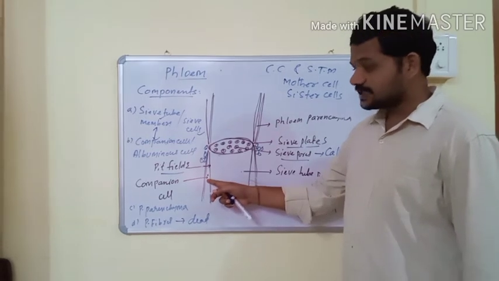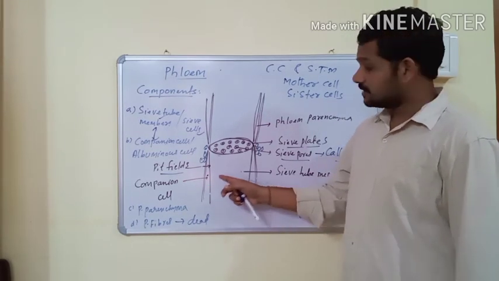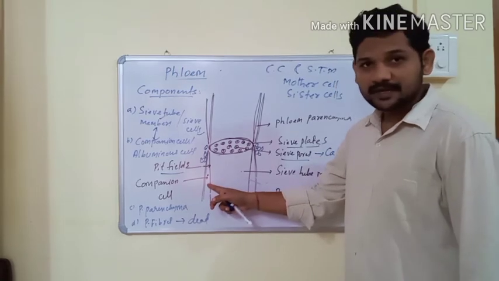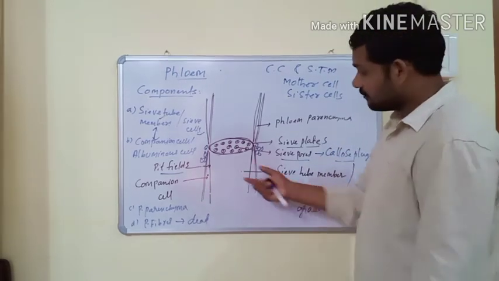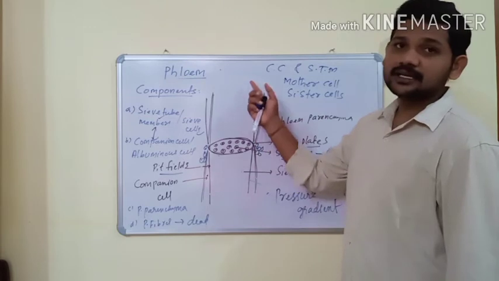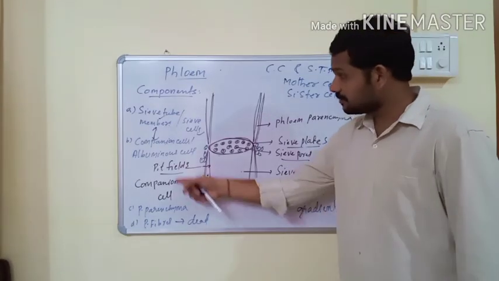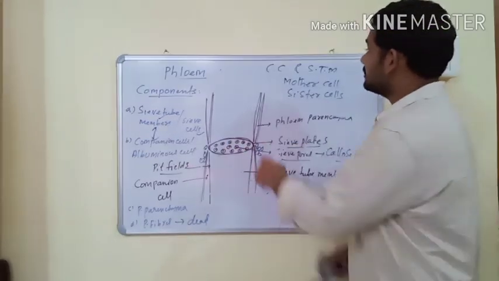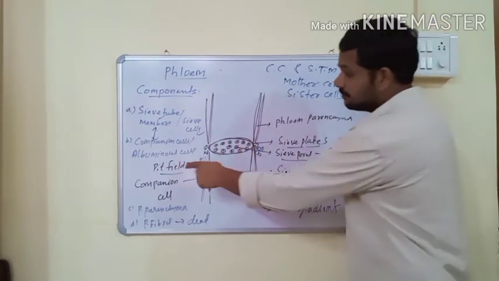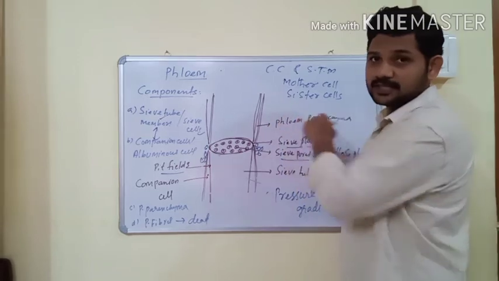So the nucleus is present in the companion cell, and both are sister cells. And the companion cell is present only in angiosperms. Companion cells are absent in gymnosperms and pteridophytes.